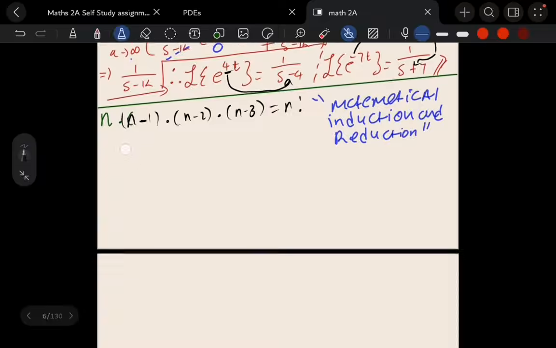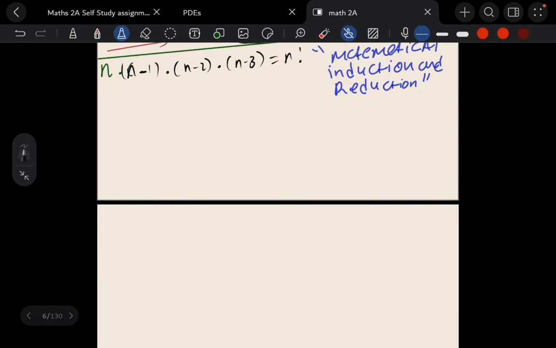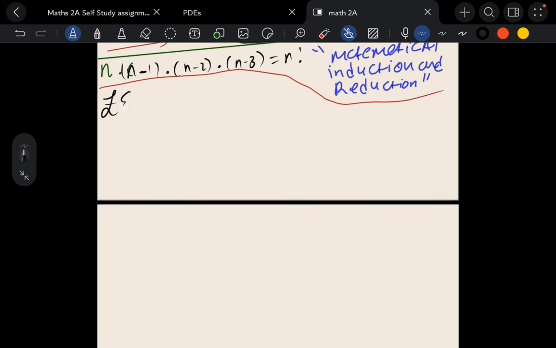Now, what I am going to do, I am going to take the Laplace transform, not the z, the Laplace transform of t to the power n, which is the integral from 0 to infinity of t to the power n times e to the power negative st dt.